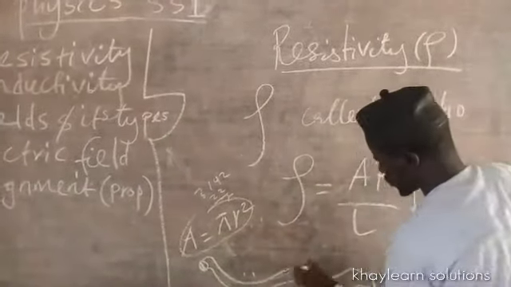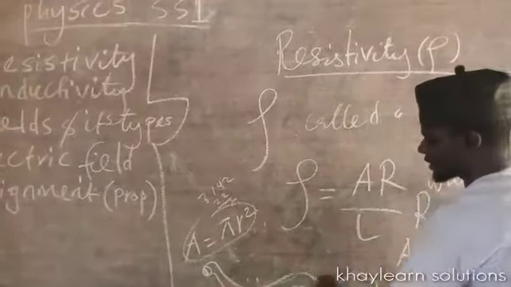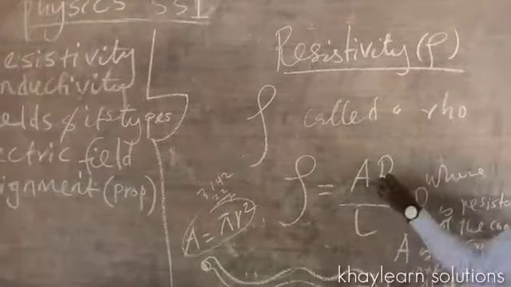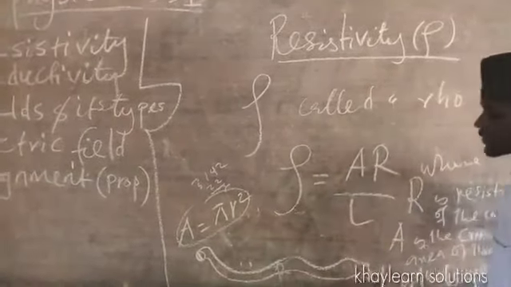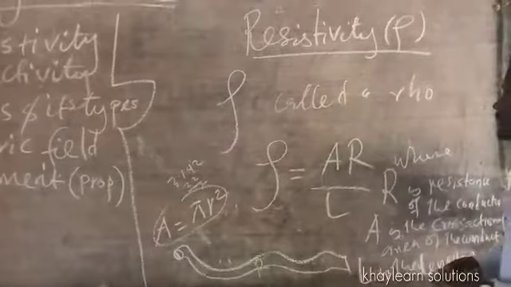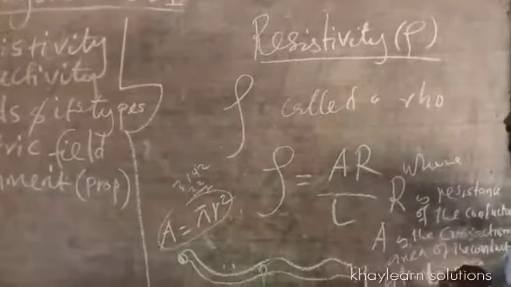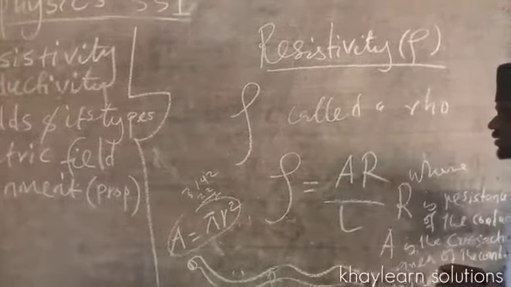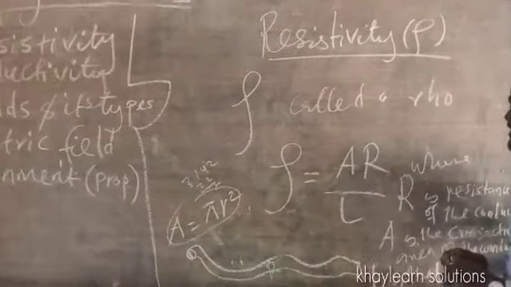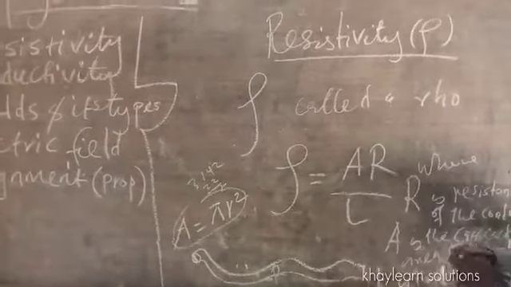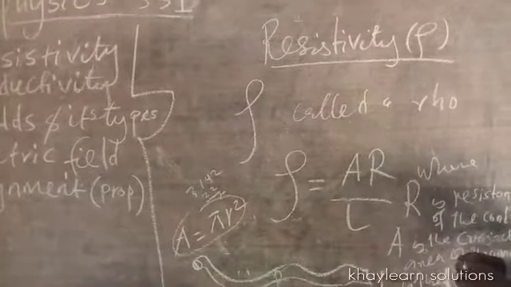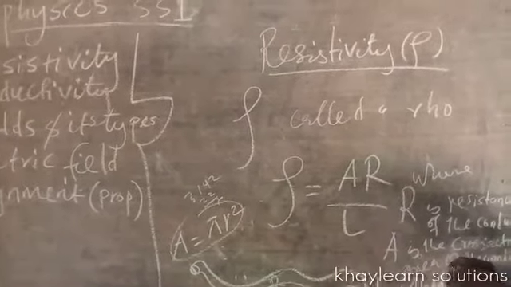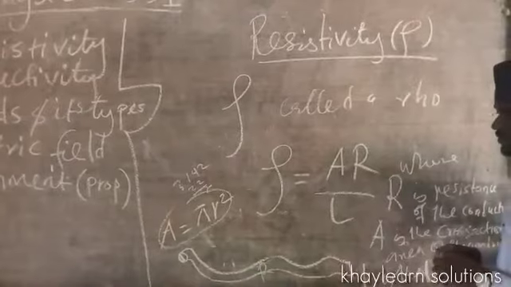Once there is a conductor, there is an internal resistance built into the conductor, which is the R, depending on the nature of the material. Like I said earlier, copper, silver, zinc, and other metals have their own resistance within them. The higher the conductivity, the lower the resistance, and the lower the conductivity, the higher the resistance.